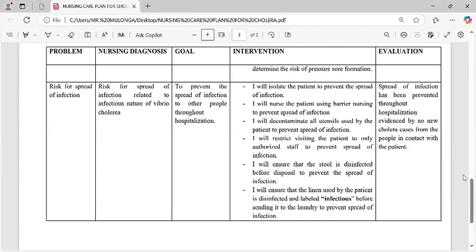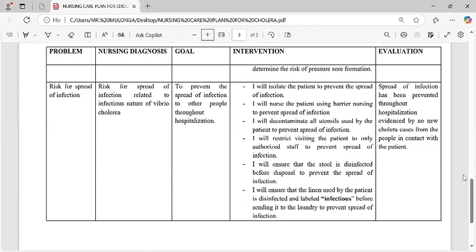Then lastly, we have evaluation, of which was saying spread of infection has been prevented throughout hospitalization, evidenced by no new cholera cases from people in contact with the patient.